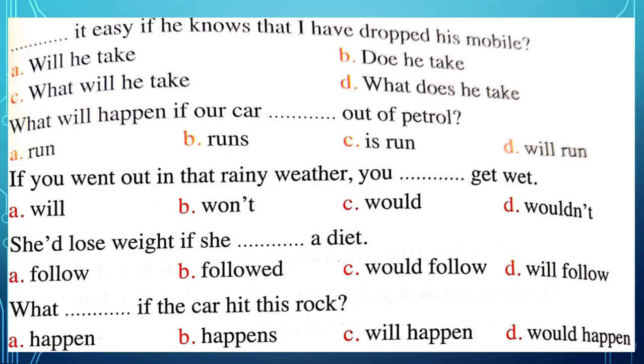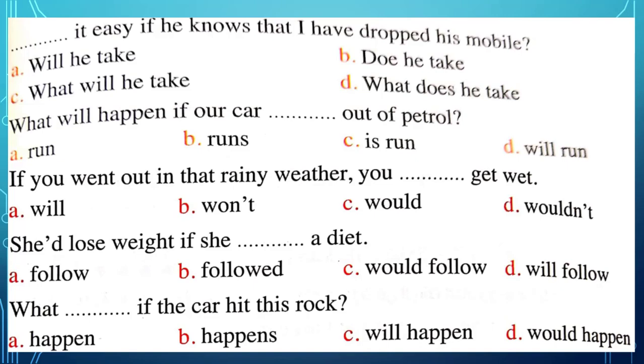What will happen if our car space out of petrol? Run, runs, is run, will run. Okay, what will happen if our car runs out of petrol? If you went out in that rainy weather, you space get wet. Will, won't, would, wouldn't.